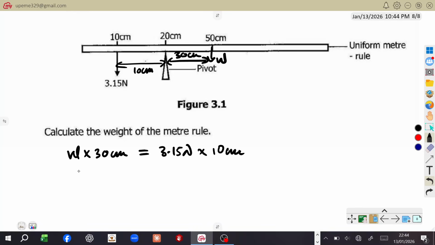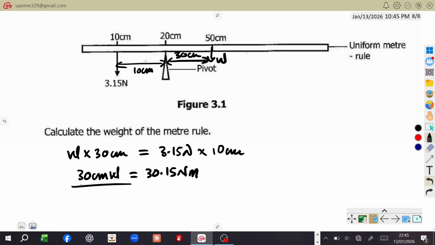So here it will be 30 centimeters weight equals this one, 3.15 times 10, it will be 31.5 Newton meters.